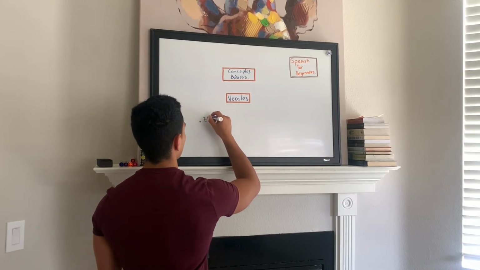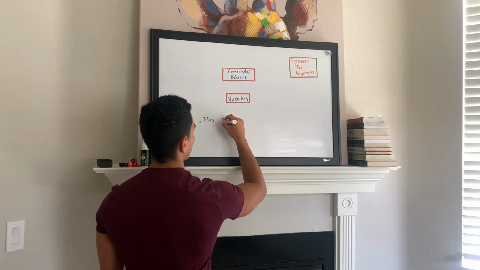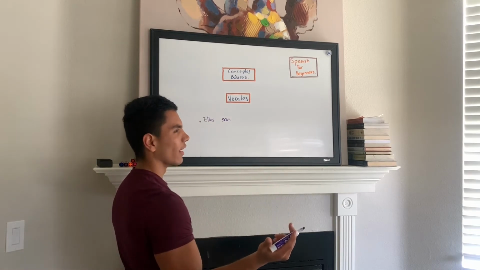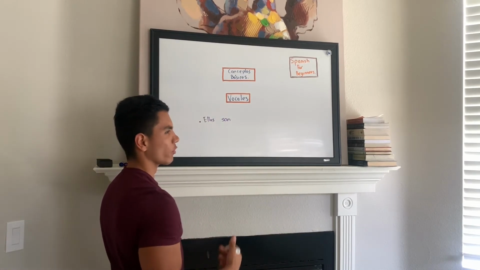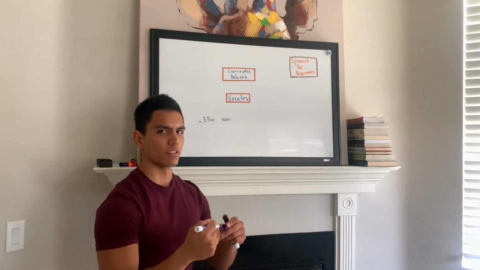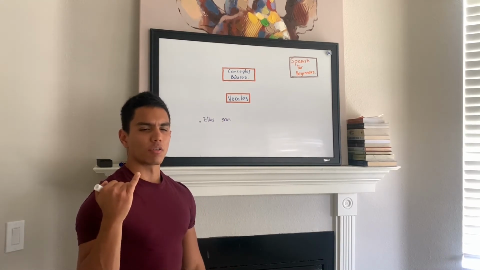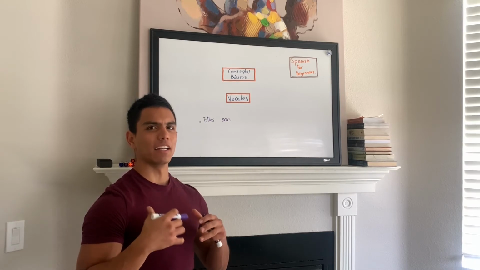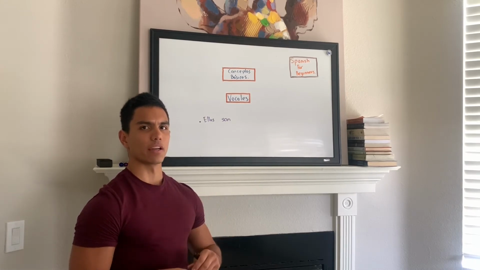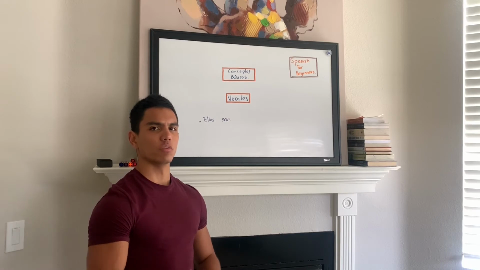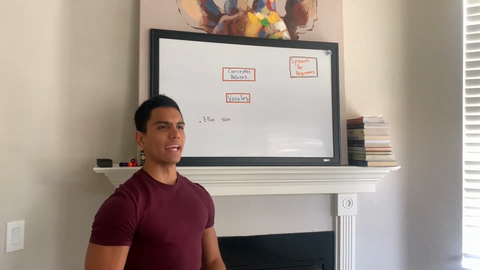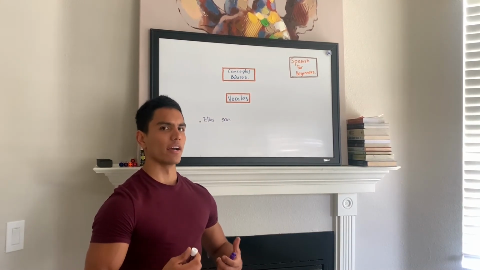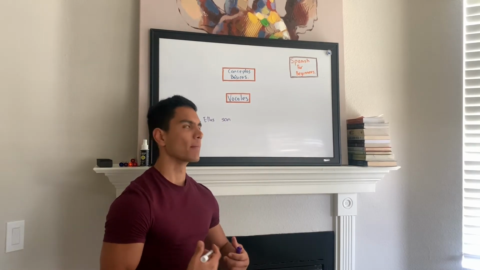I'm going to say they are, and then any kind of word. For vocabulary, I recommend you grab a dictionary or just look up the kind of vocabulary you want to learn in Spanish. It can be on YouTube, Google, or any book in Spanish that you want to use to expand your vocabulary.